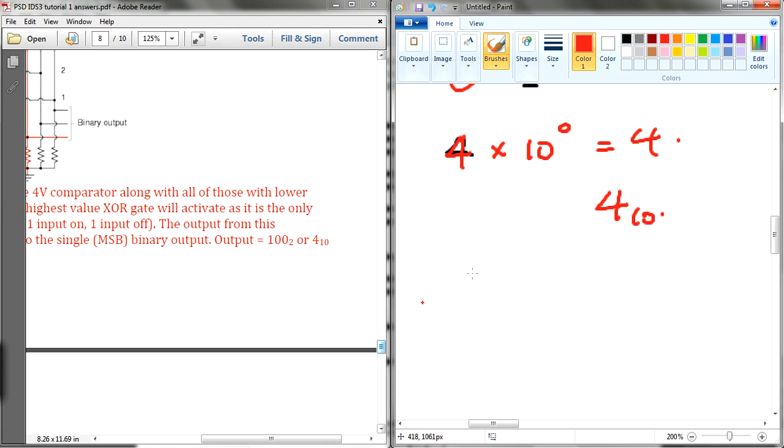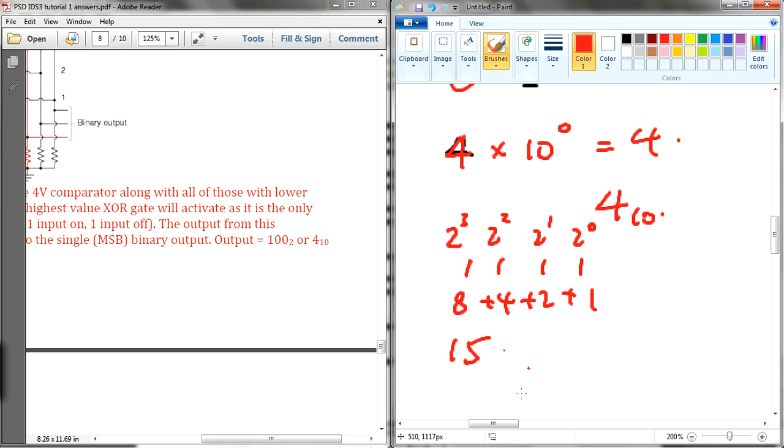Nonetheless, if you want to convert maybe 1, 1, 1, 1, how do we do it? This is 8 plus 4 plus 2 plus 1. So we have 12, 15. So we have a 15 over here.